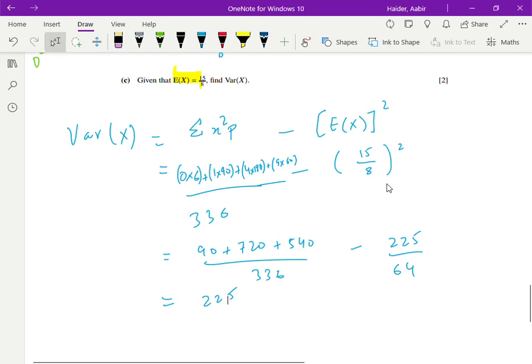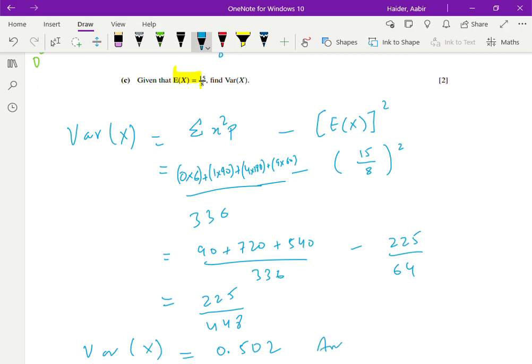So the particular answer for this is 225 over 448, or you can also write in decimal to 3SF, 0.502. That's your final answer for this particular question.